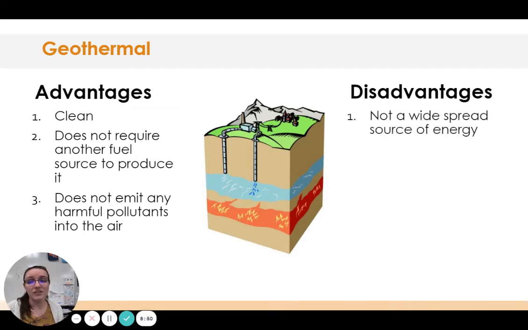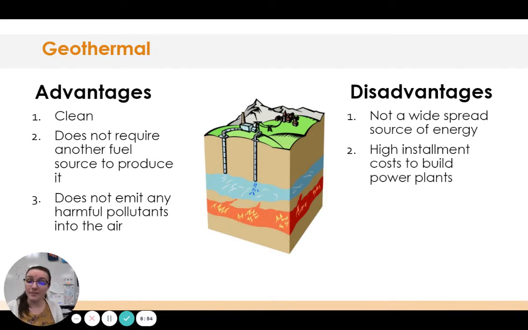But some disadvantages, it's not a widespread source of energy. You need to be in a location where that magma is relatively close to the surface so that you don't have to dig miles and miles down in order to pump this water up. It can be really expensive to build these power plants, and it is not something that is easily transported.